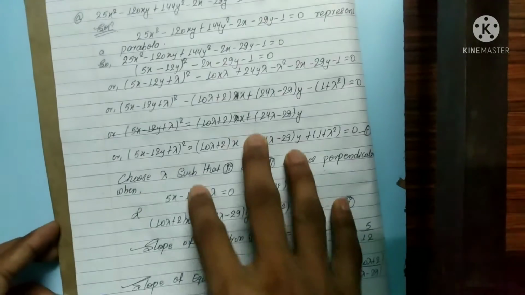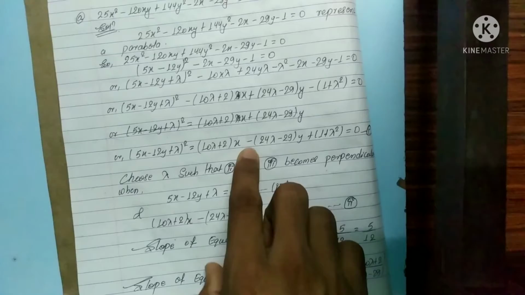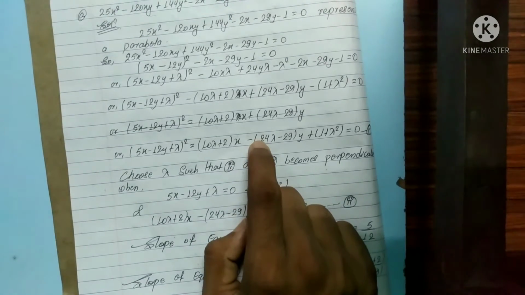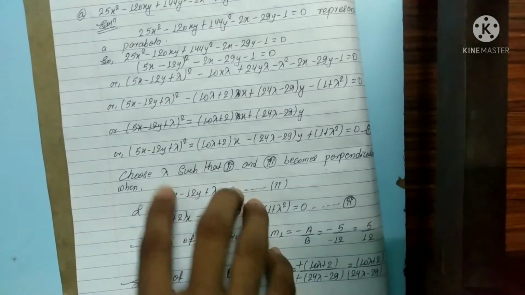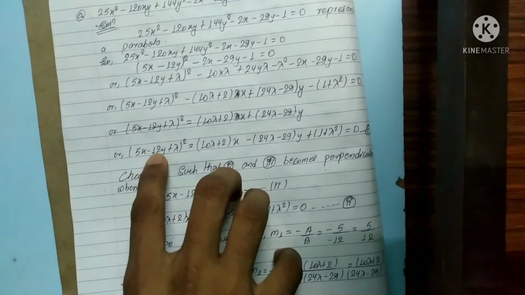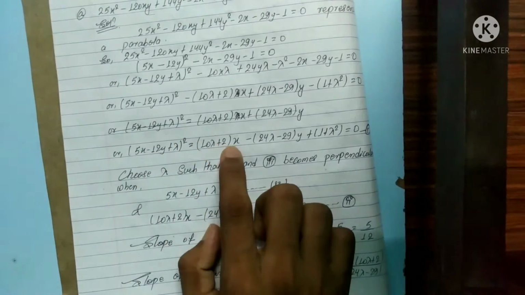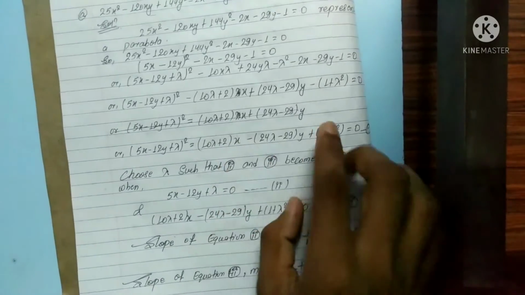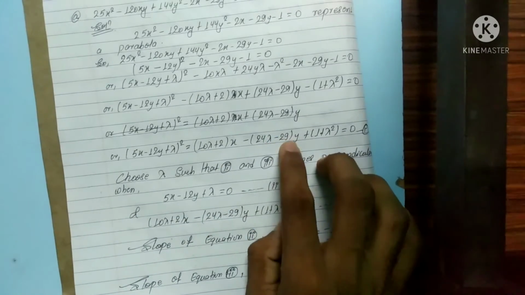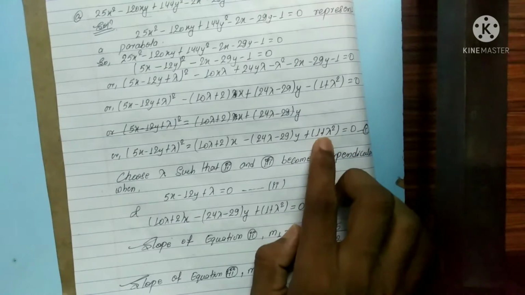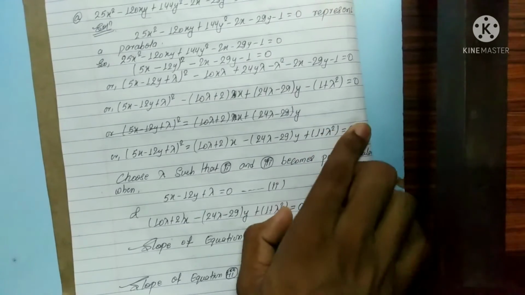We find the equation: 5x minus 12y plus lambda whole square is equal to 10 lambda plus 2 into x minus 24 lambda minus 29y plus 1 plus lambda whole square is equal to 0.